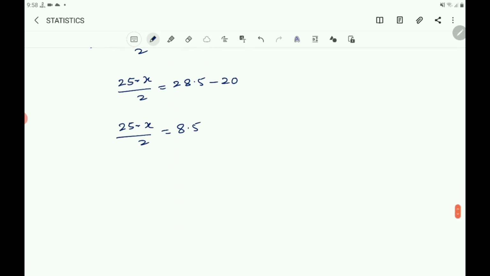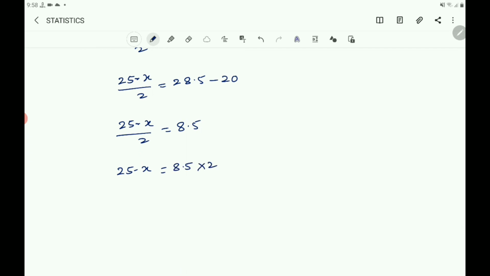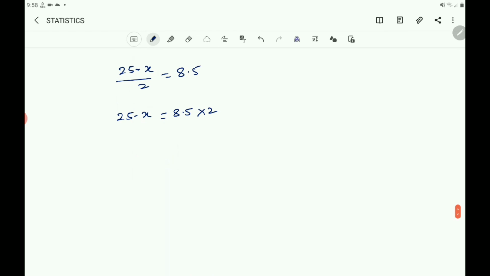So 25 minus x equals 8.5 into 2, that is 17.